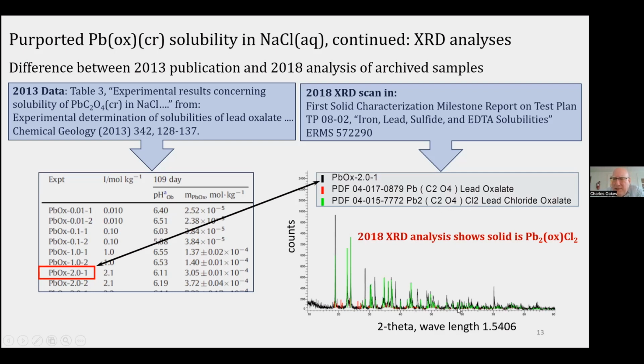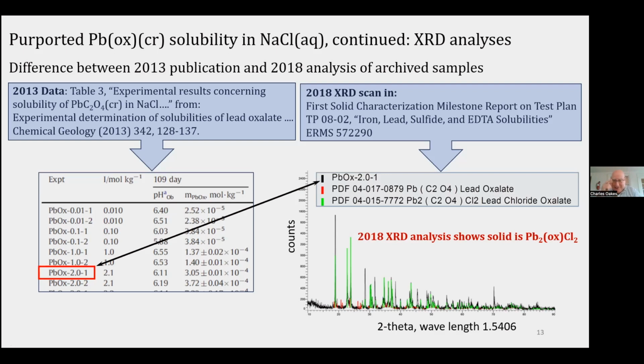So every peak in this X-ray diffraction scan for the same sample ID. Over here, this is a table from the published paper. Over here is a sample ID from the government report. You look at the XRD scan in the government report, every single peak matches up with the standard for lead oxalate chloride.